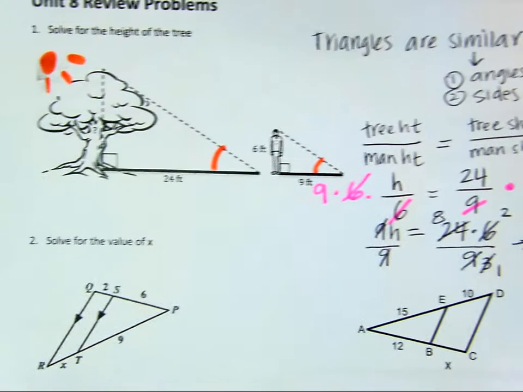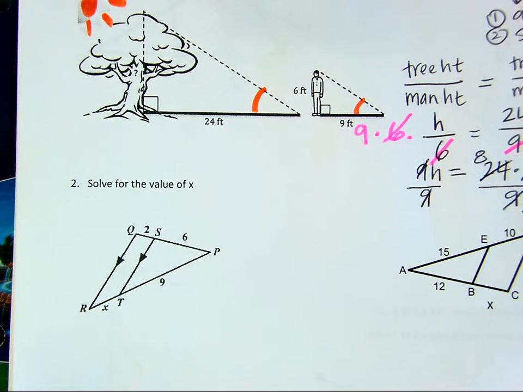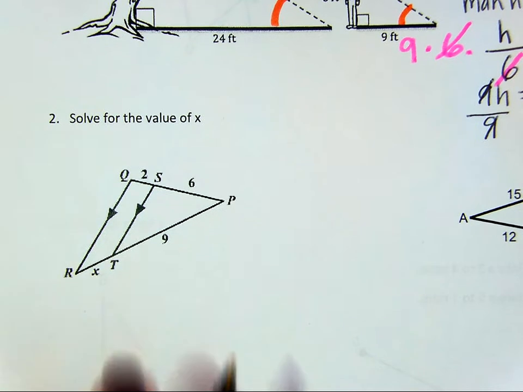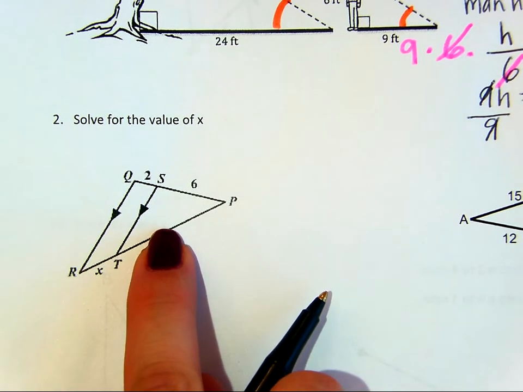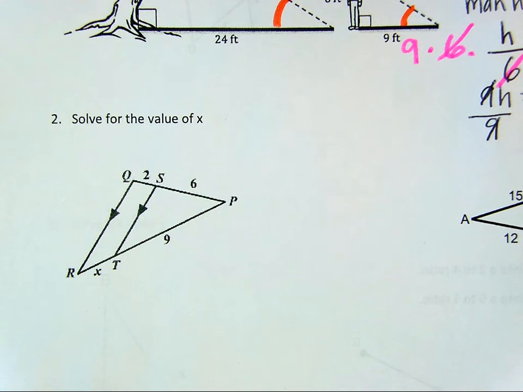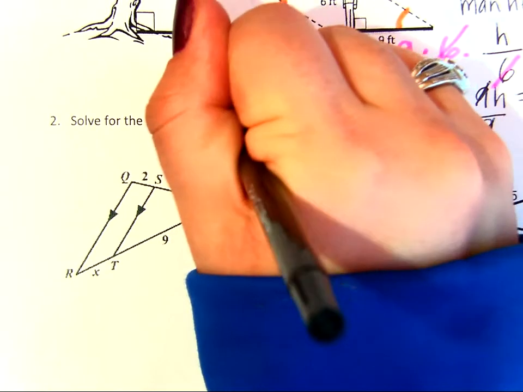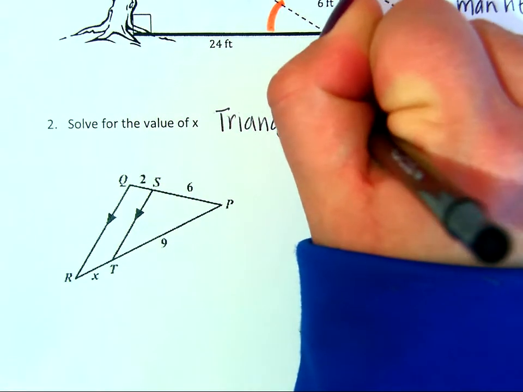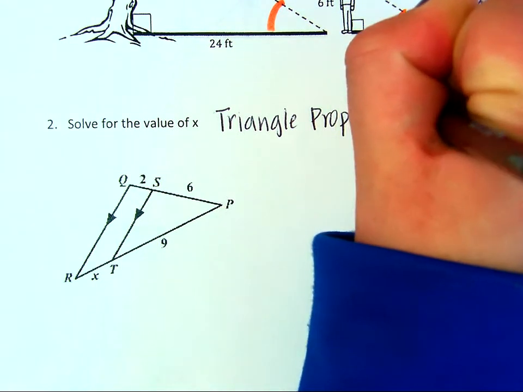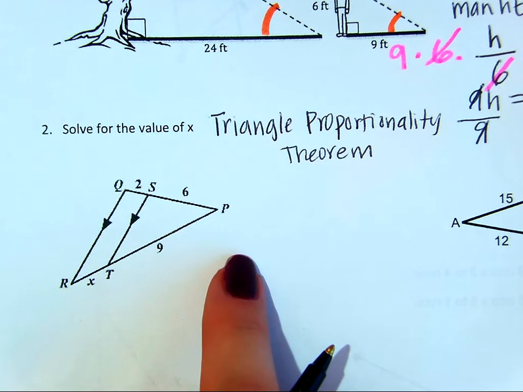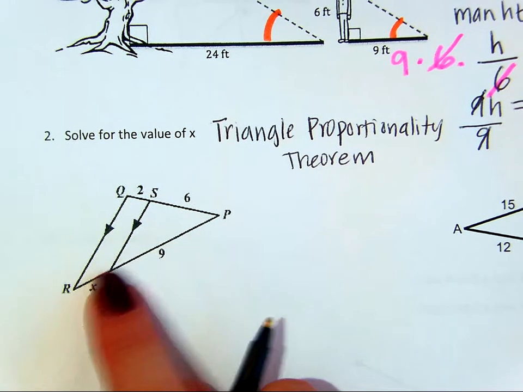All right, let's move on. Question 2. Solve for the value of x. So in question 2, I have two triangles. One is inside of the other. And here we're going to want to use the triangle proportionality theorem. So these triangles end up being similar.